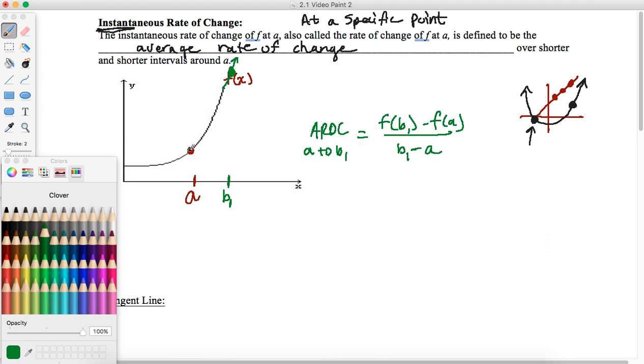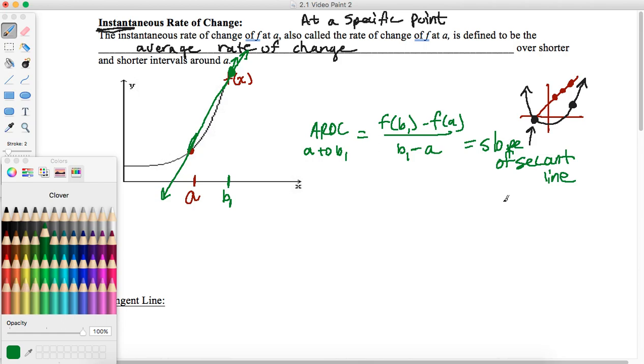And that value, and this is going to get a little tricky because it's hard to draw on this, is the slope of that secant line. This green is the secant line. Okay? That is average rate of change, right?